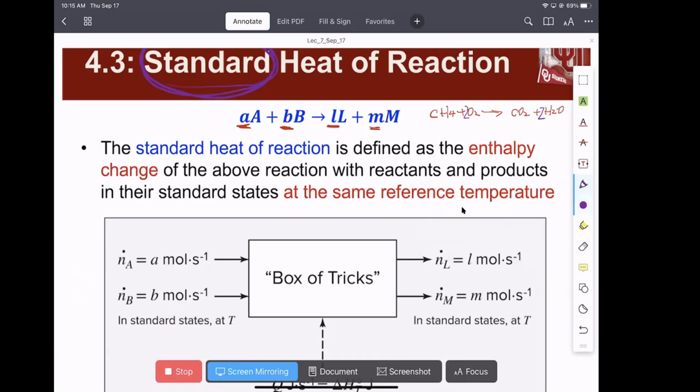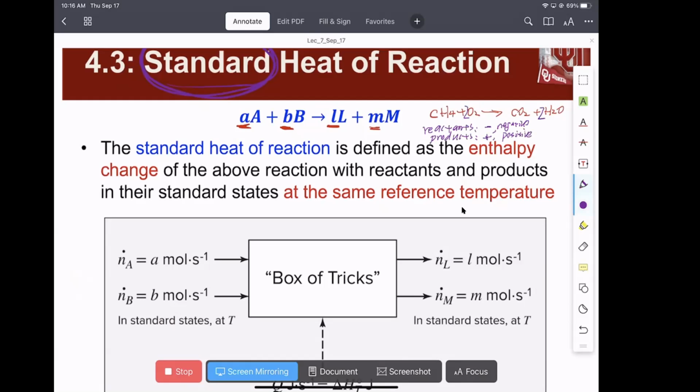And we need to also distinguish the sign. For the reactants, it would be negative. For the products, it would be positive. I think I had those on the next slide, but anyway.